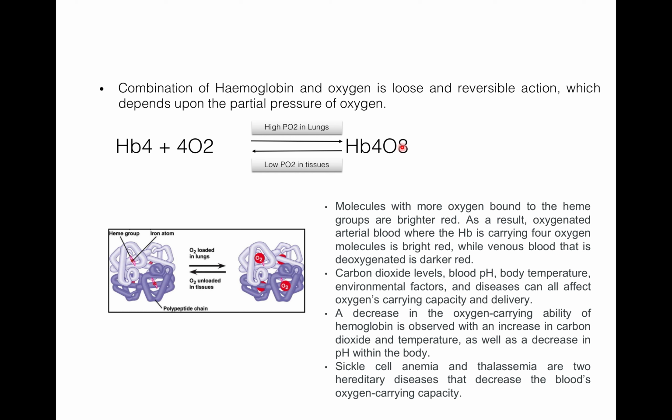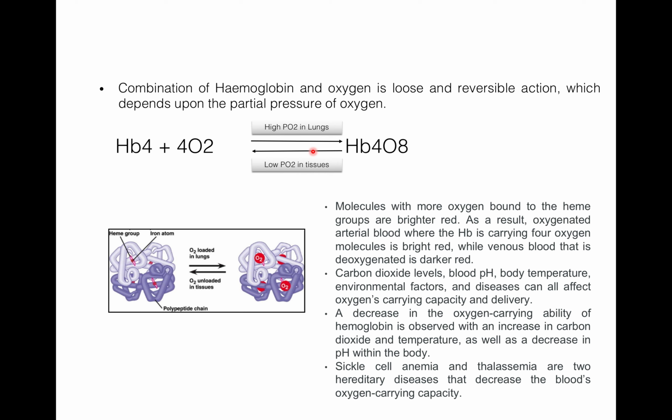But when there is a decrease in partial pressure of oxygen in tissue, then this oxyhemoglobin dissociates, and again converts into hemoglobin and oxygen. So it depends on high partial pressure of oxygen in lungs and low partial pressure of oxygen in tissue.